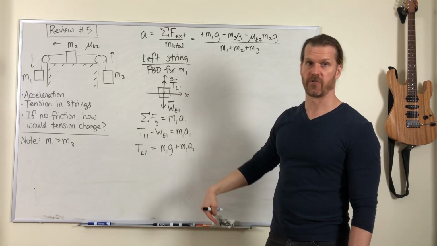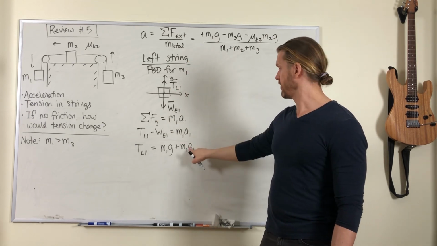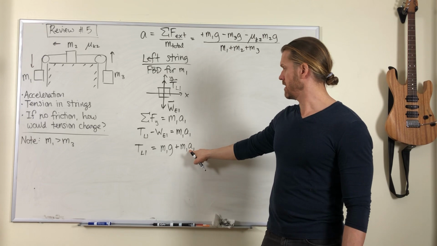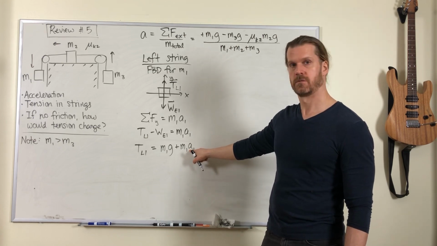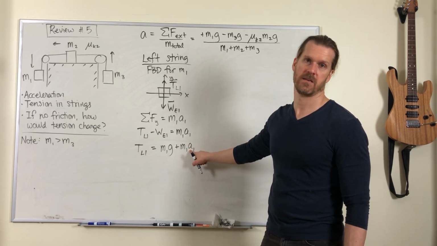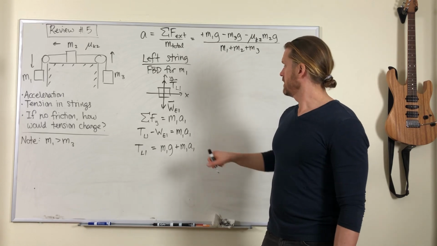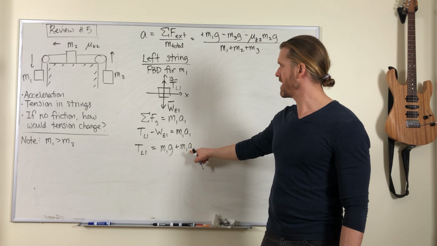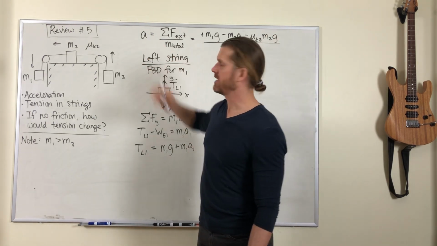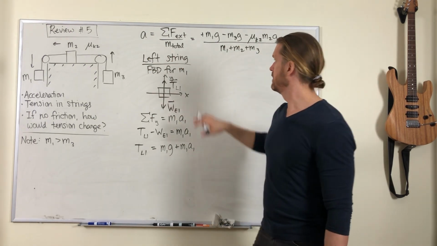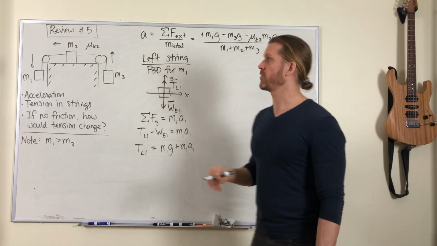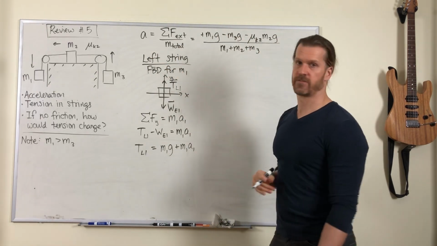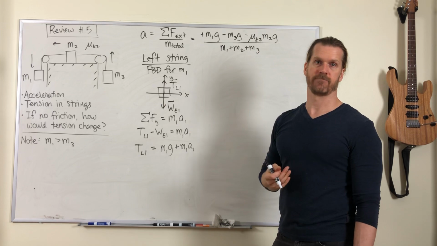M1 is accelerating downward. So this acceleration has a sign in it. This acceleration equals minus A, the value we found in the first part of the problem. This A is essentially a magnitude.